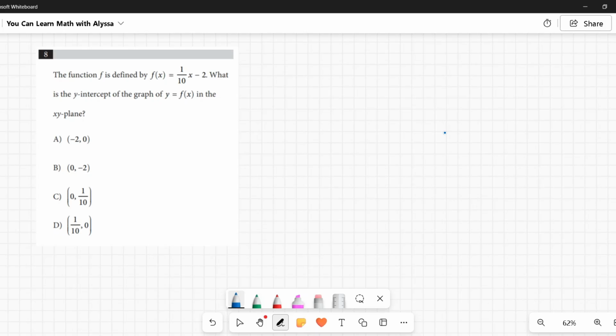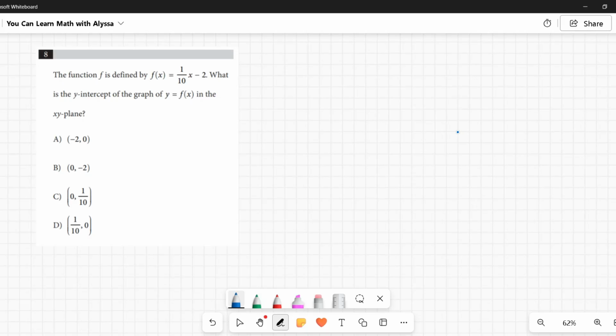Number 8. The function f is defined by f of x equals 1/10 x minus 2. What is the y-intercept of the graph of y equals f of x in the xy plane? You can do this by graphing. I don't recommend doing it that way because while yes, it will absolutely give you the right answer and it's a great backup to use, we always want to use the one we're most comfortable with.